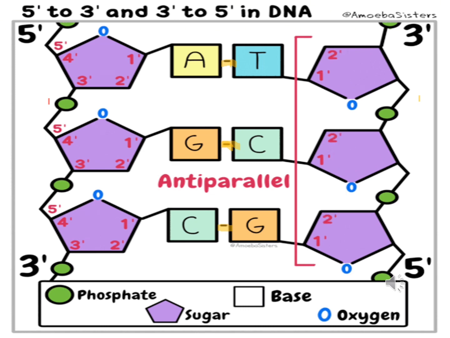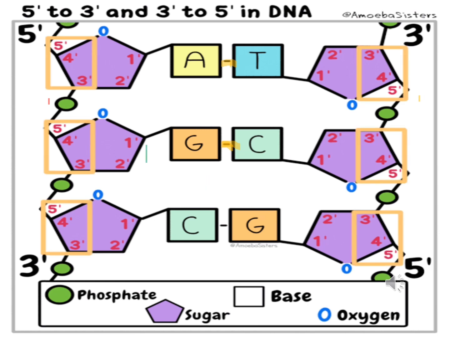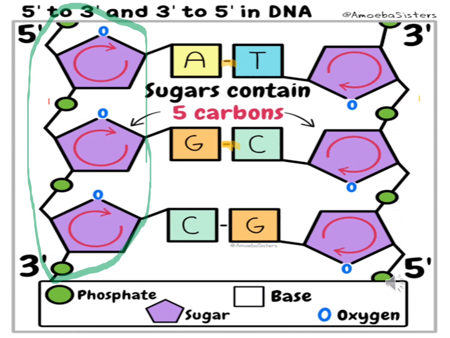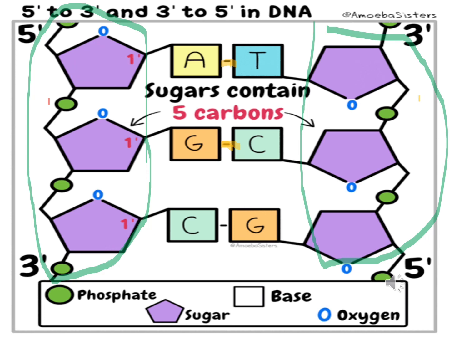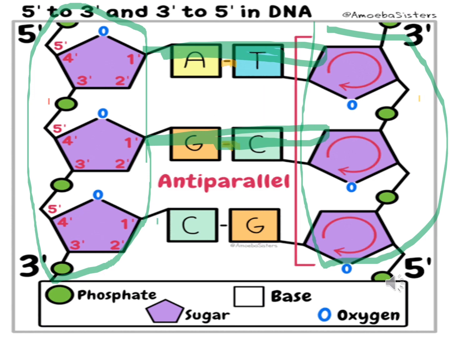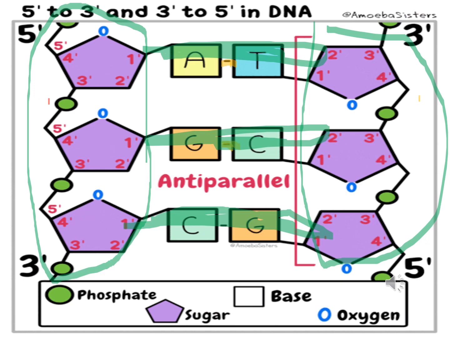So I'll just show you the phosphate sugar backbone, as they call it, on the two sides, and here in the middle we have the rungs of the ladder. Okay, so it's very much like a ladder.